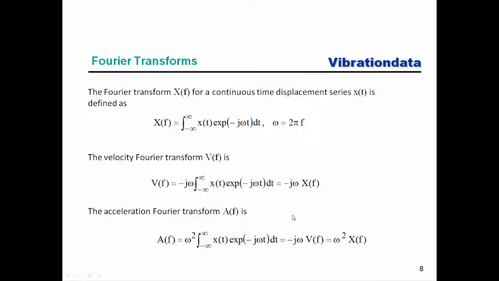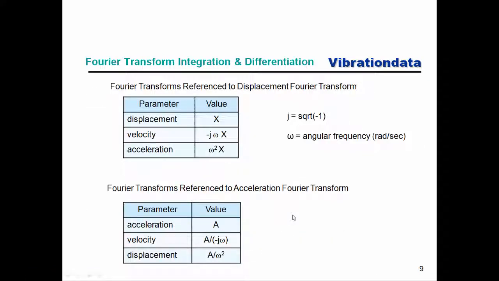But there's another summary table I'll show you. So let's set up a pair of tables here, and this is going to be Fourier transforms referenced to displacement Fourier transforms. So let's say we have our Fourier transform of our displacement.